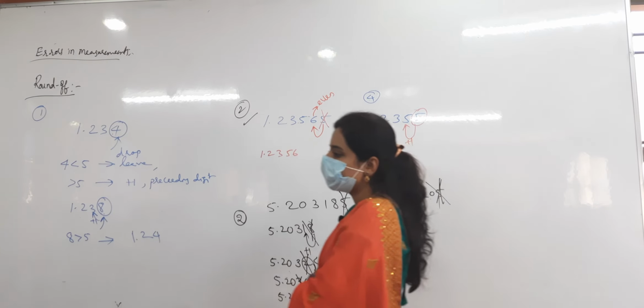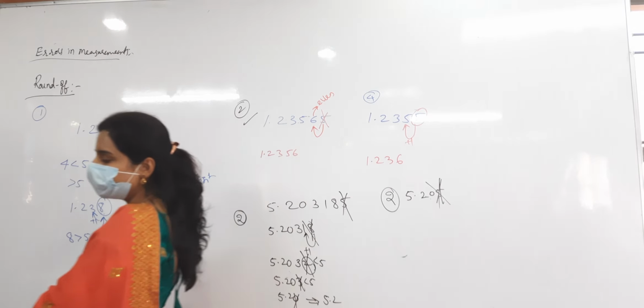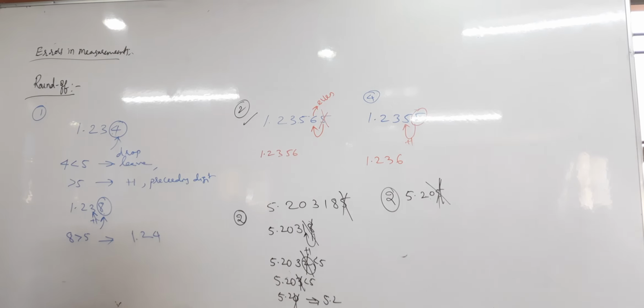If the preceding digit is odd, then drop the 5 and add the preceding digit by 1.